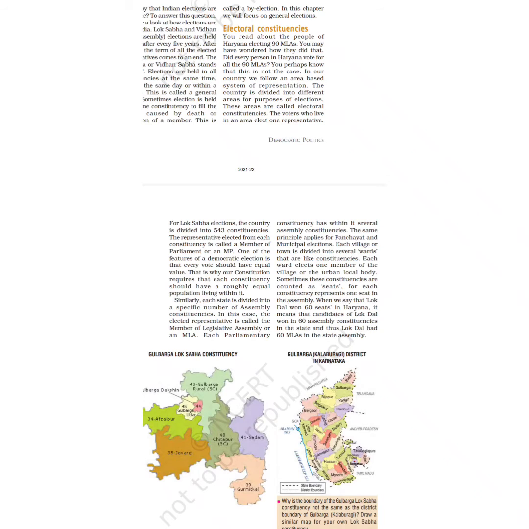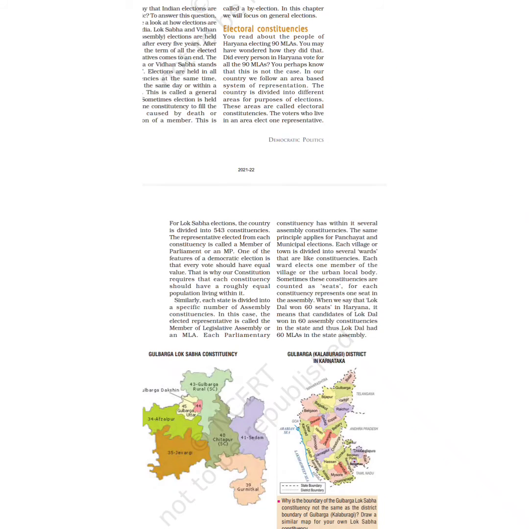The representative who won the maximum votes becomes the member of parliament, or simply MP, because he has won the majority and is elected by the people, and thus we call them member of parliament.